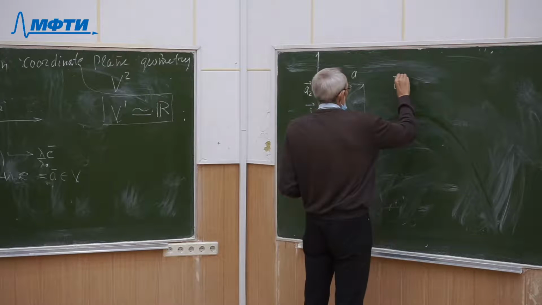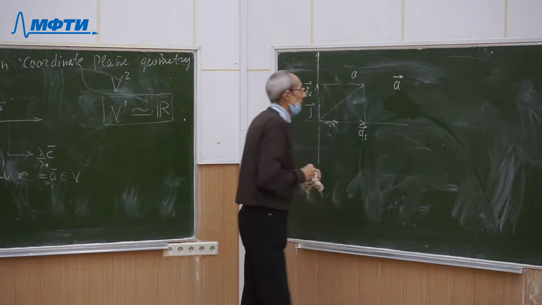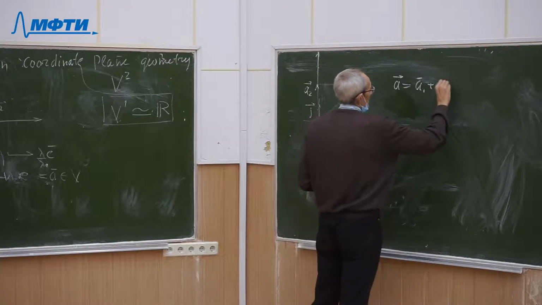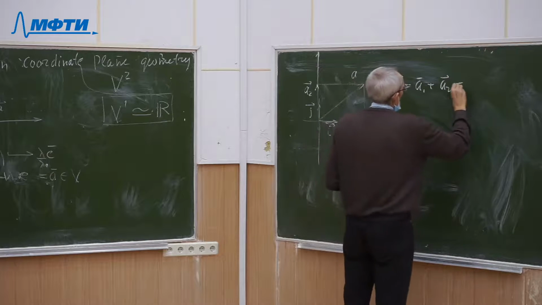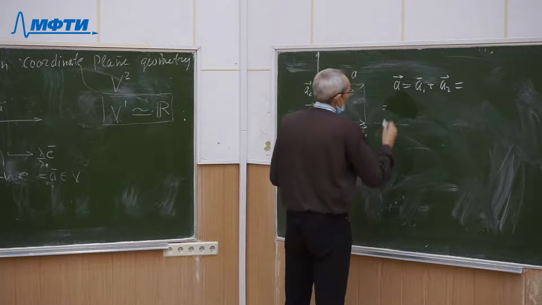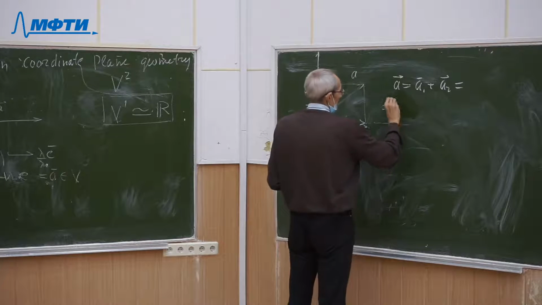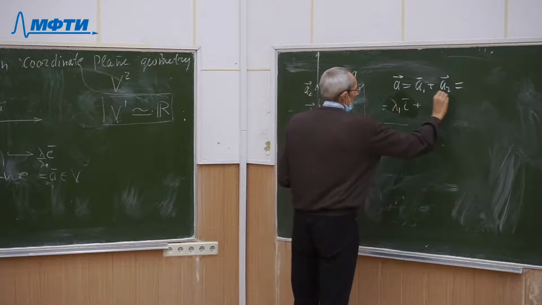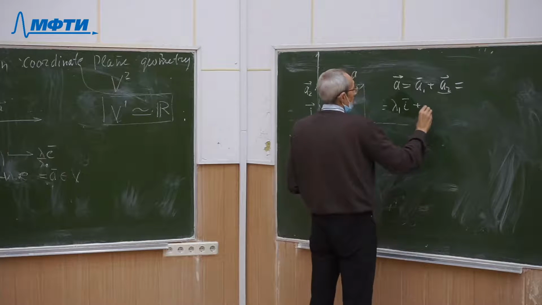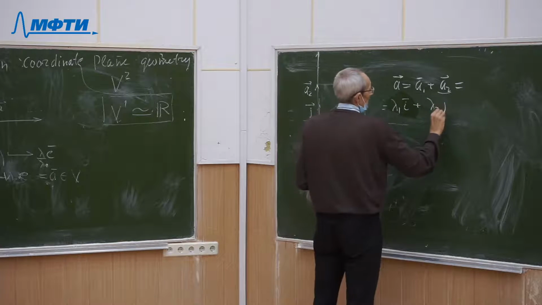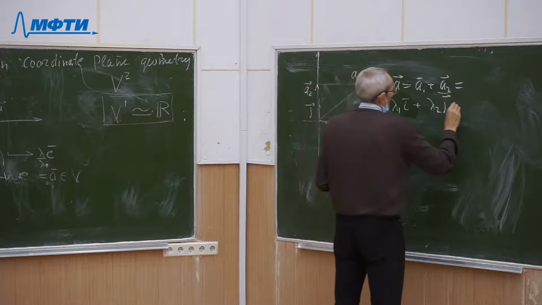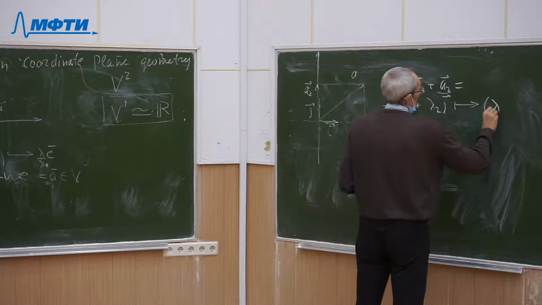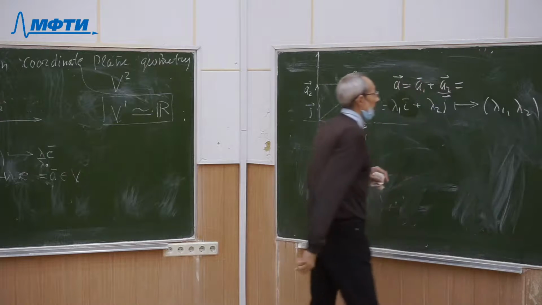And we have the following correspondence. We can represent A as a sum of A1 and A2, and A1 we can represent as lambda 1 multiplied by I, and A2 as lambda 2 multiplied by J. Using the previous correspondence, we correspond to this vector the pair of real numbers lambda 1, lambda 2.